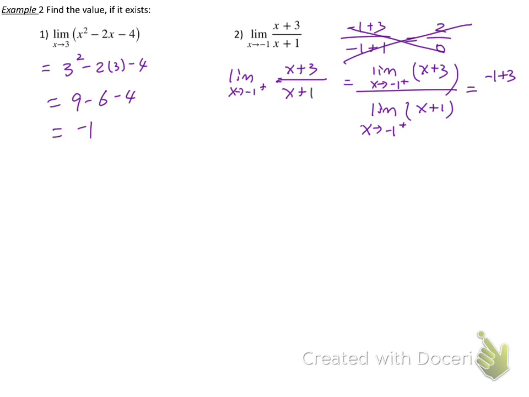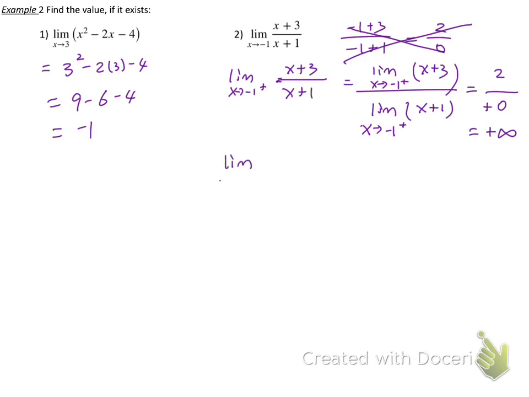When x gets closer and closer to negative 1, a little bit higher, negative 1 plus 3 is just 2. Okay, so let me write 2 because I don't have room. But on the bottom, when x approaches negative 1 from the positive side, x is higher than negative 1 a little bit, which means x plus 1 is a little bit higher than 0. It is a 0, but it's a positive number. So when you take this ratio, it's really 2 over a very small positive number. It will go to positive infinity.